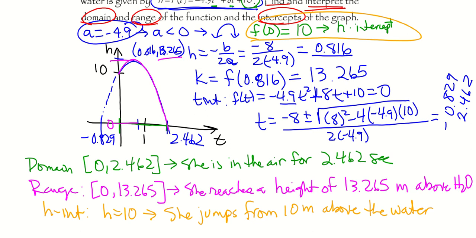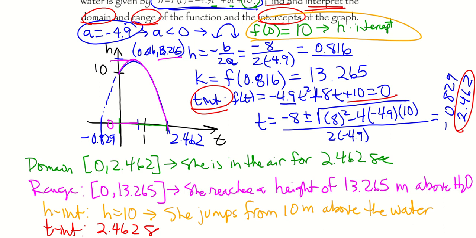That's where she starts. And then finally we want our t-intercepts, and our t-intercept we already found as well. So our t-intercepts we found by setting our function equal to 0 and using the quadratic formula. And the one that makes sense, that fits in our domain, is just this 2.462, and that would be seconds.